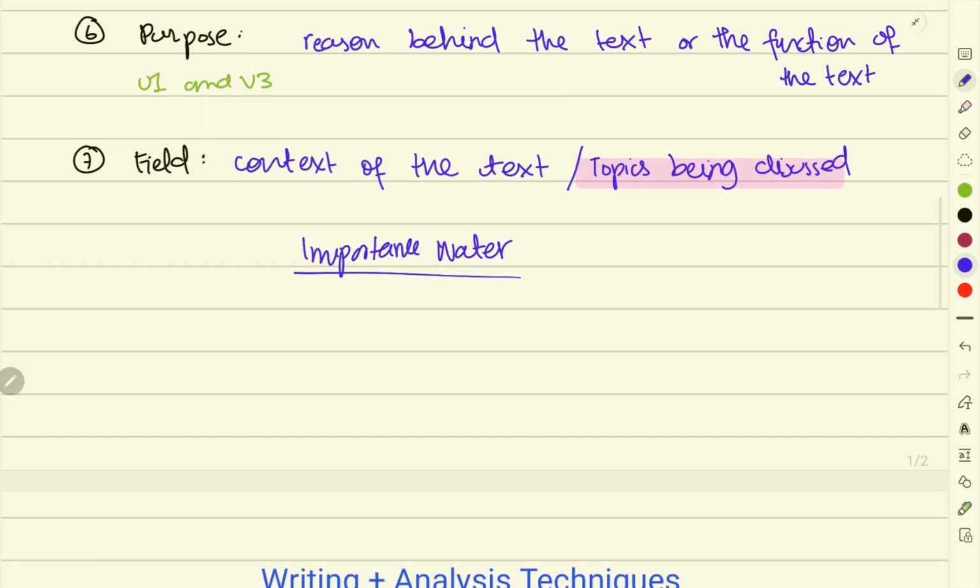But as the speaker or the writer discusses the importance of water, they might also discuss some other problems associated with it. So for example, they might talk about the inaccessibility of clean water in some parts of the world. So that's a different field that's being discussed.